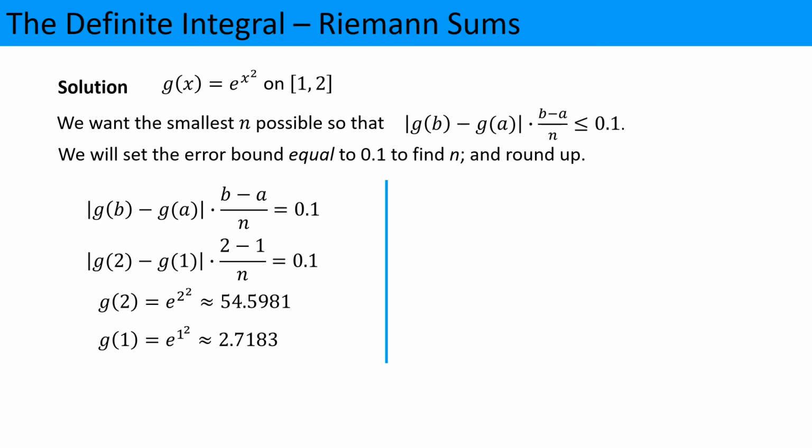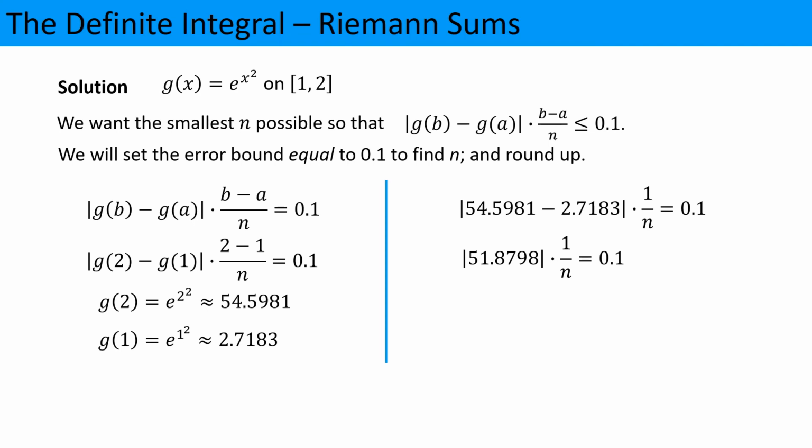Now let's move on over and do the computation. Replace the g of 2 with 54.5981 minus, and replace the g of 1 with 2.7183. It's still times 1 over n, and it is still set equal to 0.1. Do the subtraction, and we'll get 51.8798 times 1 over n equals 0.1.